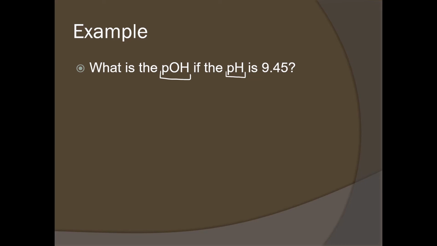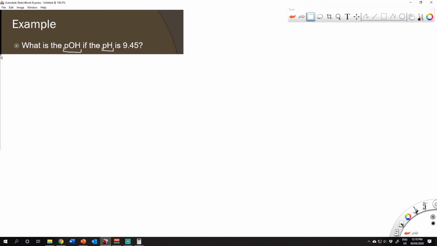All right, so we need a little bit more space. So here's the example. But before we can actually solve it, we're going to talk about a relationship from a few videos ago, where we talked about how the Kw of a solution is equivalent to the following: H3O plus times OH minus.